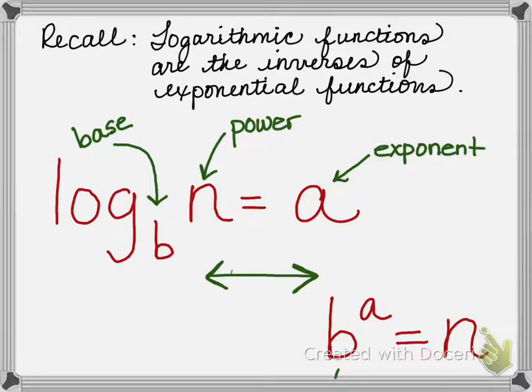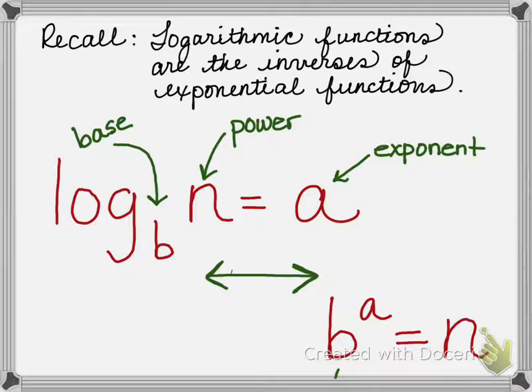So first, let us recall that logarithm functions will always be the inverses of exponential functions. We just finished going over graphing log functions and exponential functions. If you recall us drawing exponential functions, they reflect over the y equals x line to become the logarithmic function.